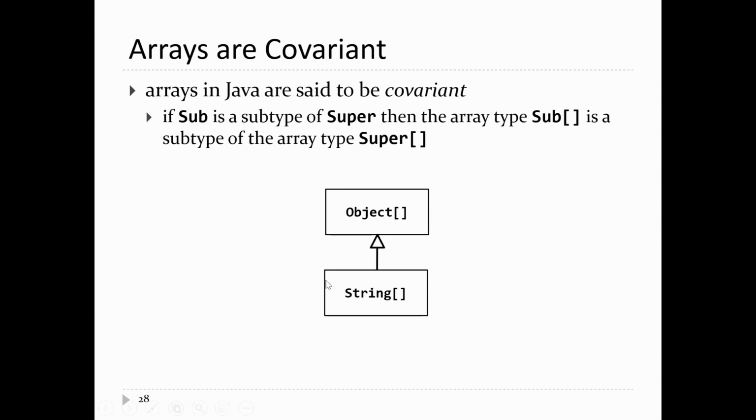An array of string, you can think of as inheriting or extending an array of object. In other words, an array of string is an array of object, or is substitutable for an array of object, or is a subtype of an array of object. That's what it means to be covariant. An array of stuff is substitutable for an array of its supertype.